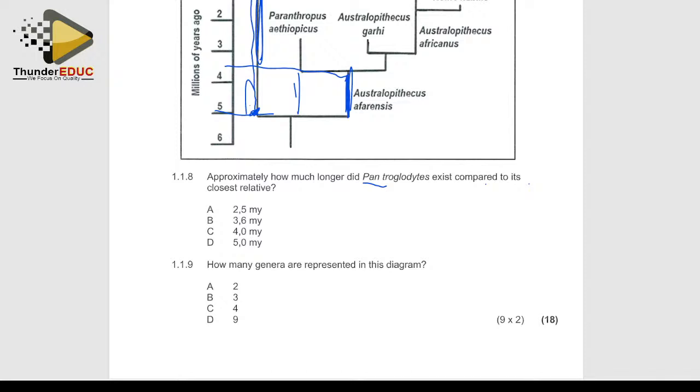So based on that, if you subtract, I saw that B was the most correct answer, if you drew them correctly.